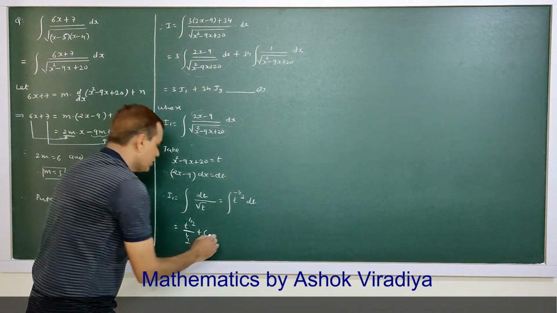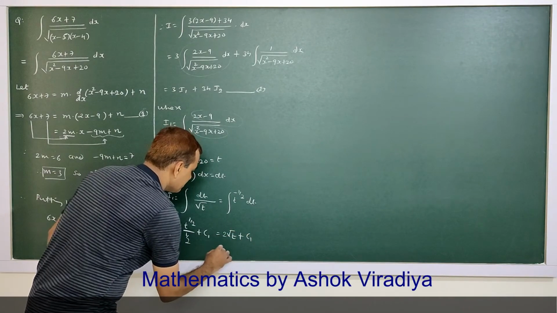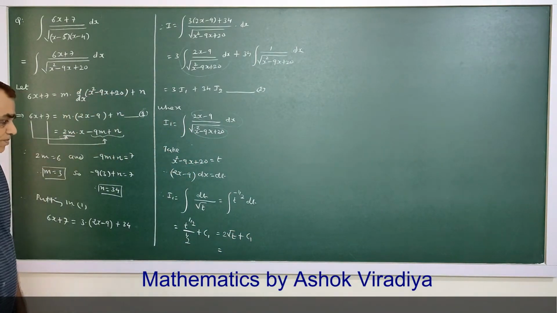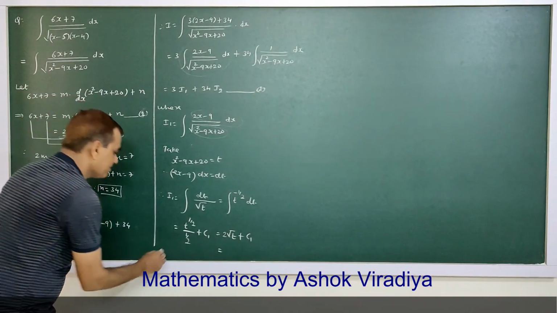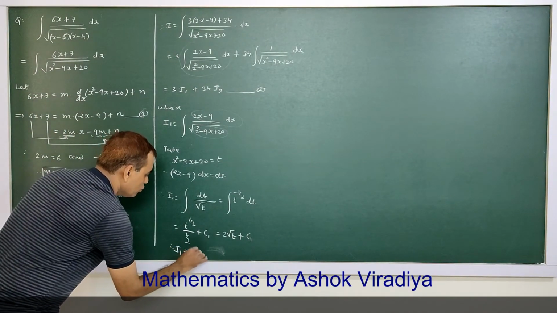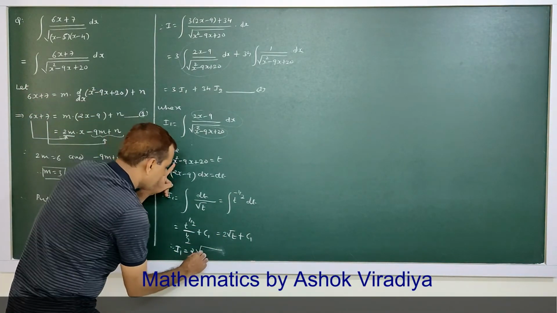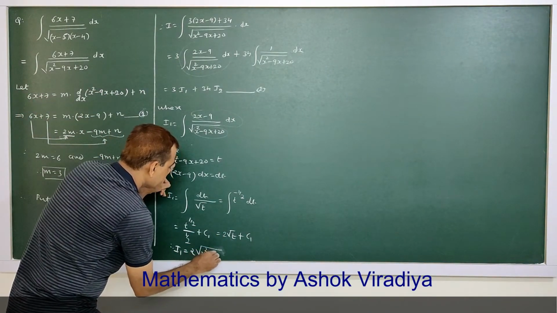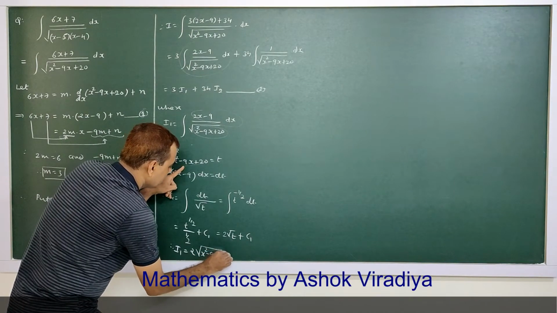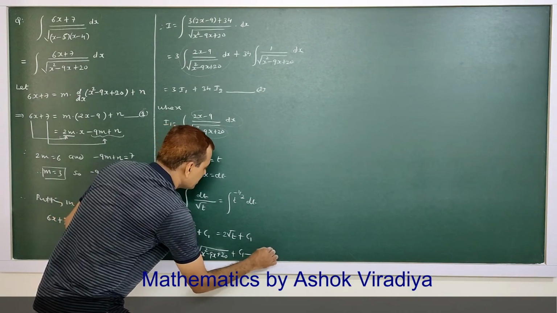So this is 2 root t plus c1. What is t? So I1 is 2 root of x² - 9x + 20 plus c1. This is result 3.